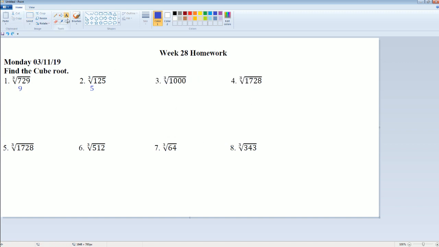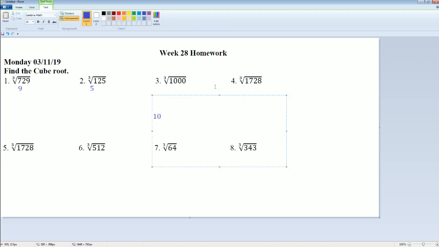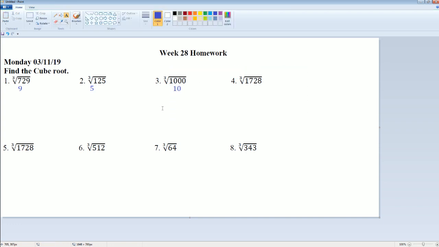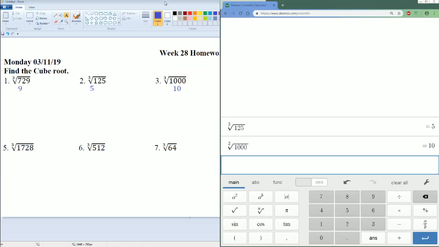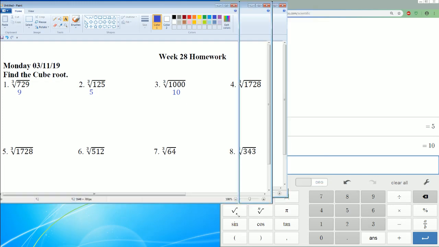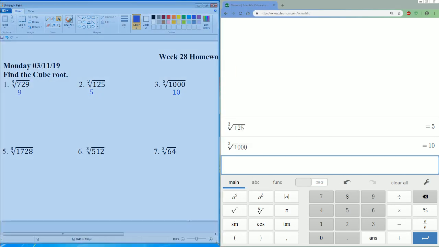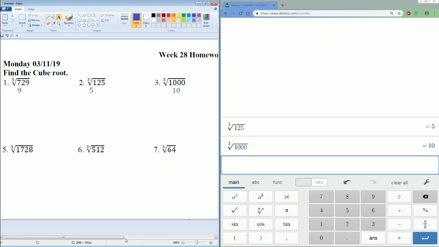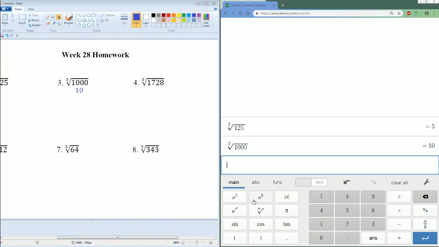Let's do that again. Let's see if I can shrink the screen on this. Okay. What is the cube root of 1728? The answer there would be 12.